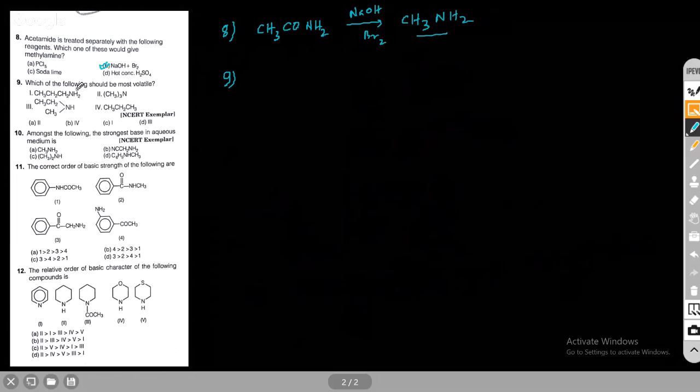No hydrogen bonding possible. In two, no hydrogen bonding possible.